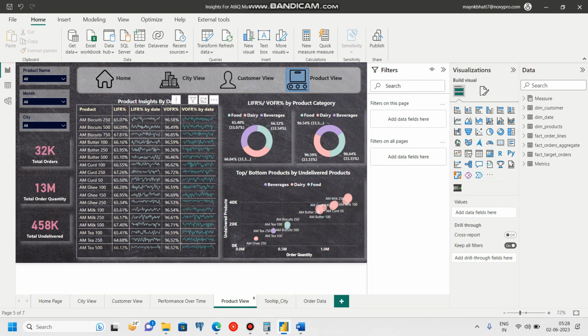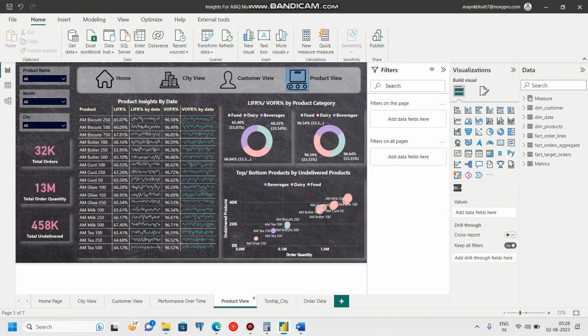Now comes the most interesting visual of this view, which is the scatter chart. Here, if I see the scatter chart, I am able to generate another very useful insight.